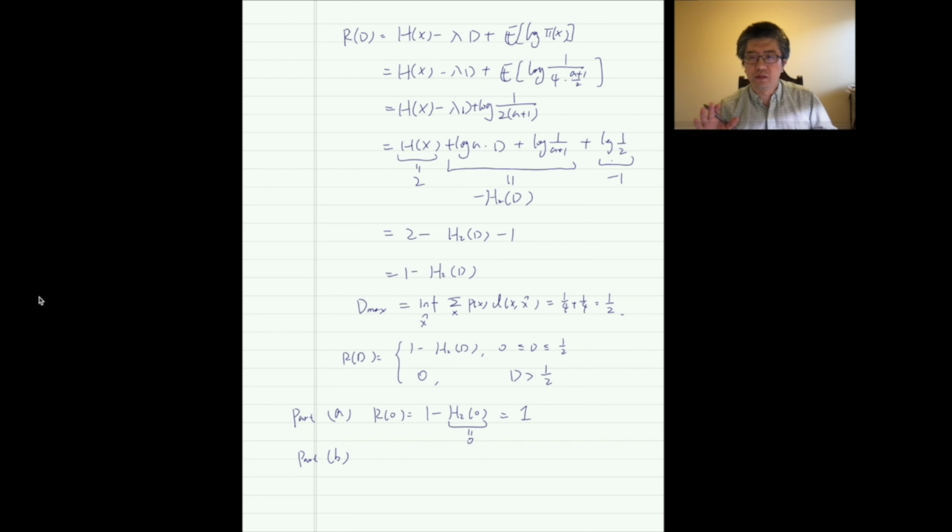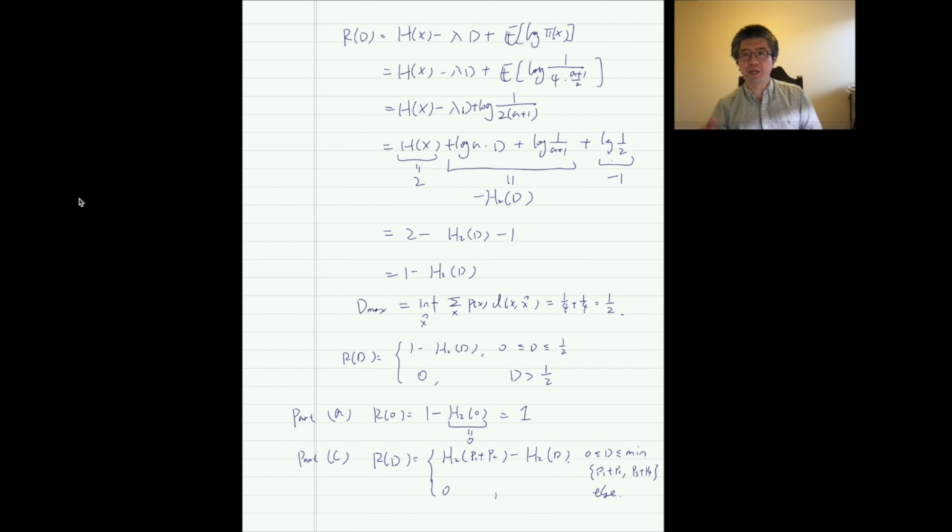Without assuming the input distribution is uniform. So we can get, for part C here, R(D) equals H2(P1 plus P2) minus H2(D), when D is less than or equal to the minimum of P1 plus P2 and P3 plus P4, and 0 otherwise.